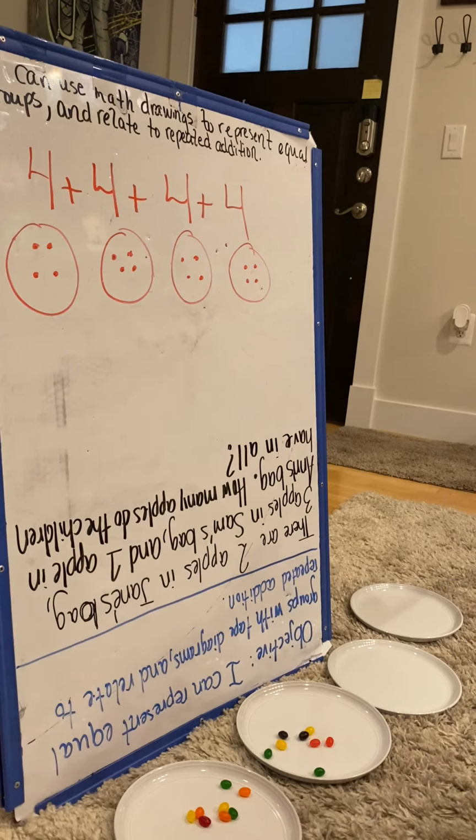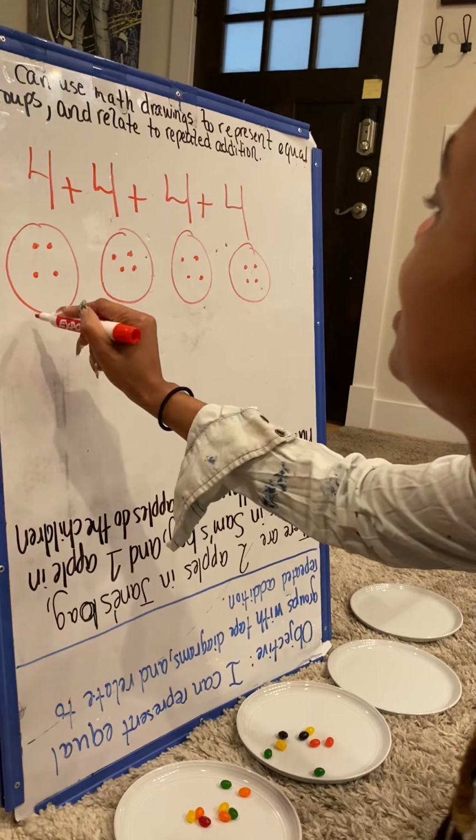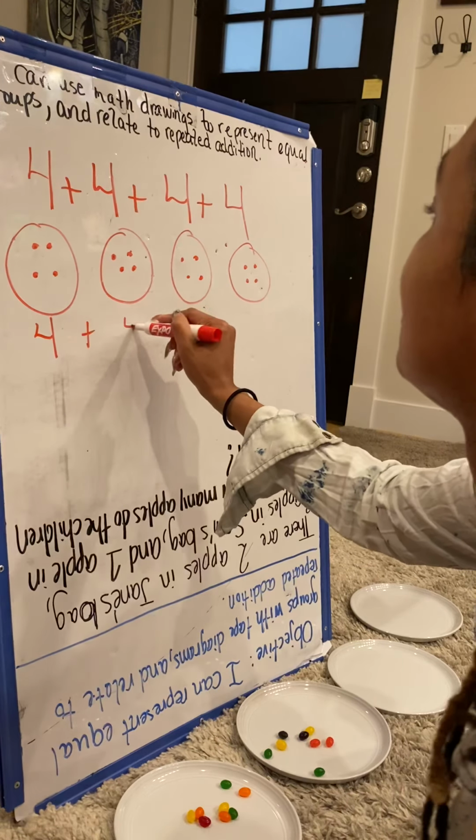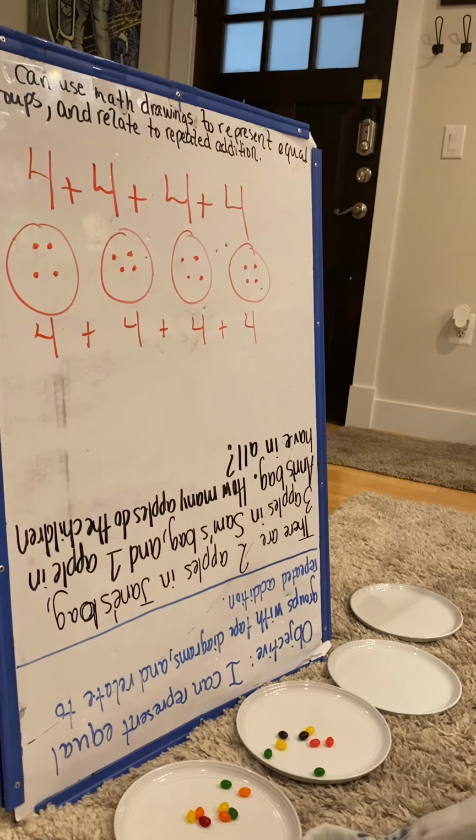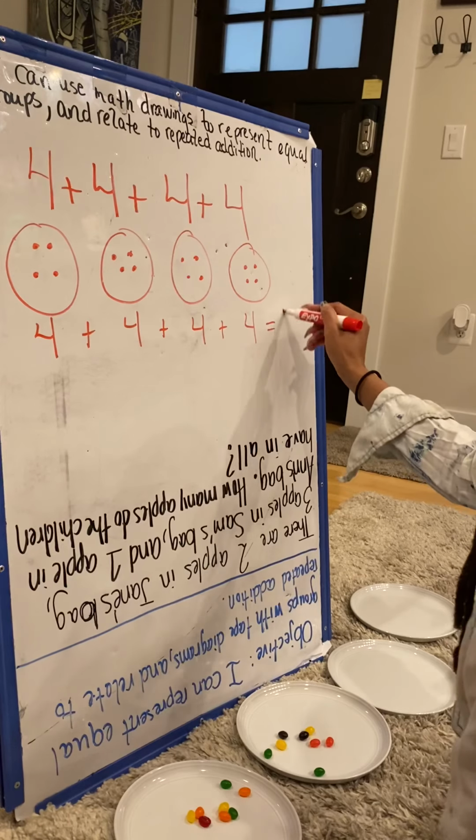So here are my 4 groups of 4. And you see my repeated addition number sentence at the top. I'm going to put it down here. Okay? And that gave me 16.